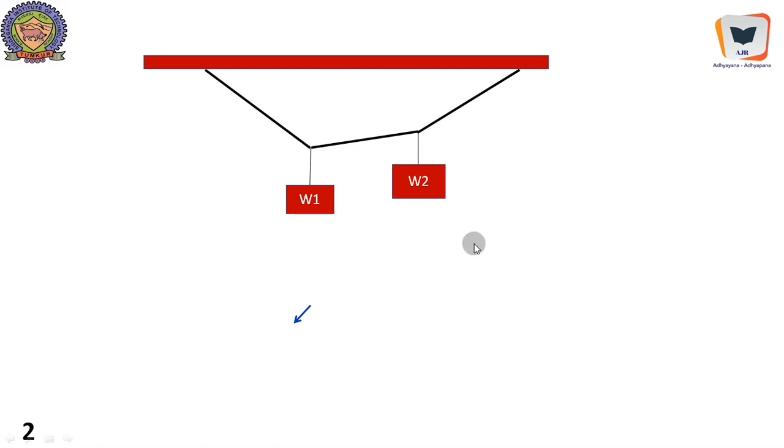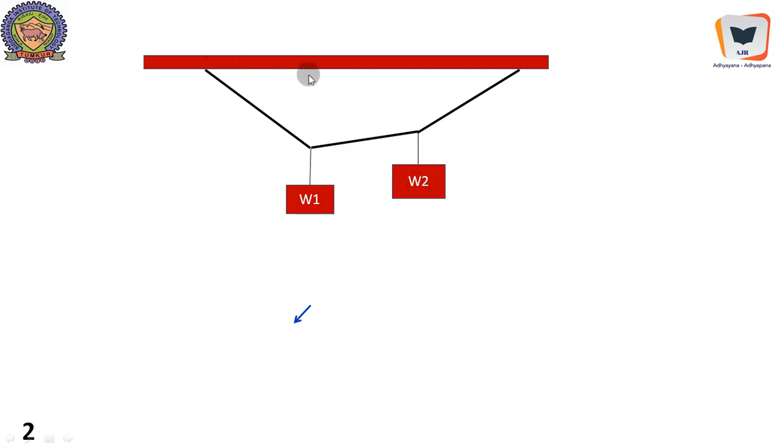In this example, two weights W1 and W2 are hung through the wire. The wire in turn is fixed to the ceiling, let us say, and kinks are formed at different levels due to W1 and W2, for the simple reason that W1 is different and W2 is different.